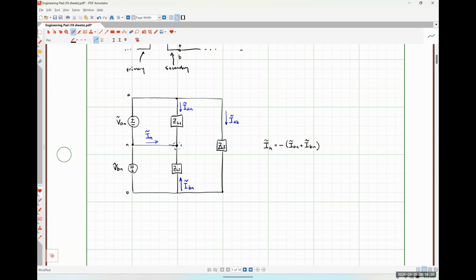So we would have IN plus IAN plus IBN equal to 0. All of the currents flowing in add together to make 0. Then I'm just moving everything that isn't IN to the other side of the equal sign to solve for it.